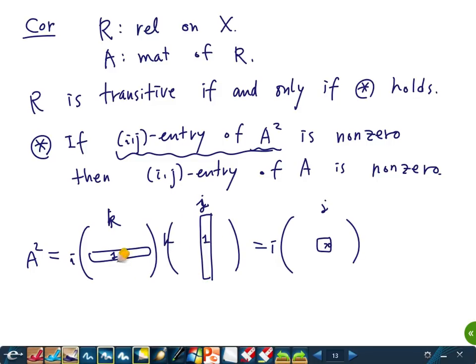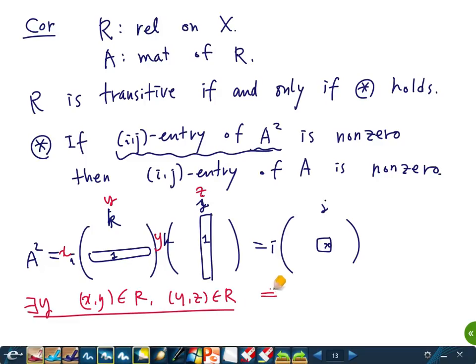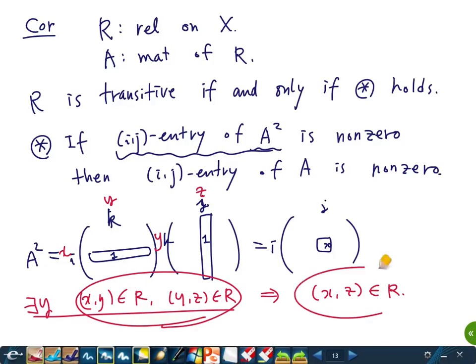This means, let's say this is x and this is y and this is y and this is z. This means x comma y is in relation R, y comma z is in relation R. So this is non-zero means there exists y satisfying this. Then x comma z must be in R. This is what the condition says. So this implies this.